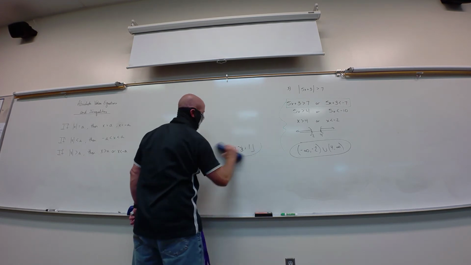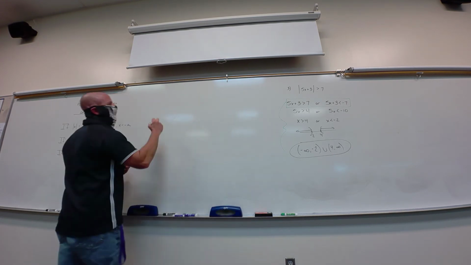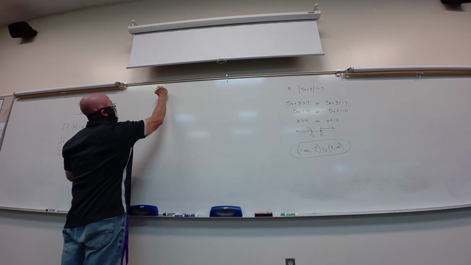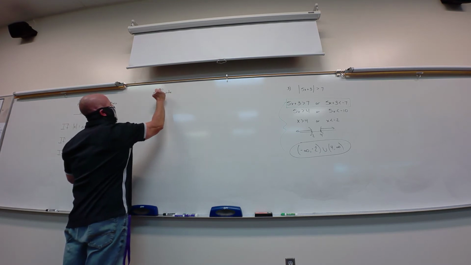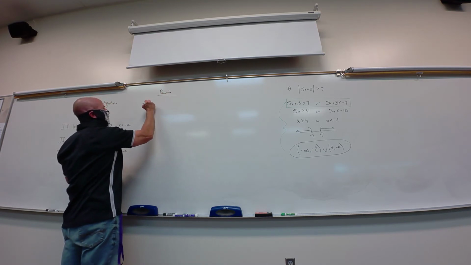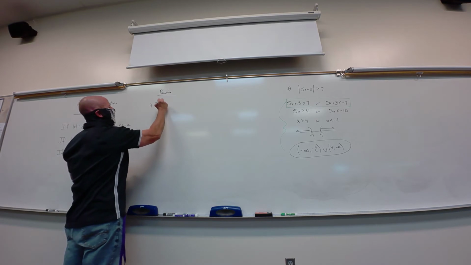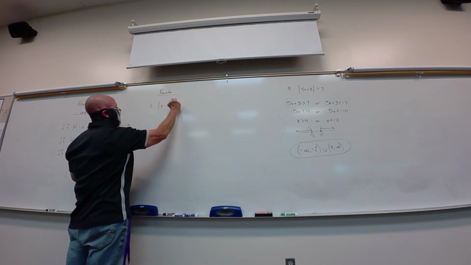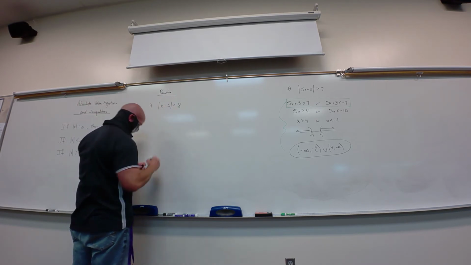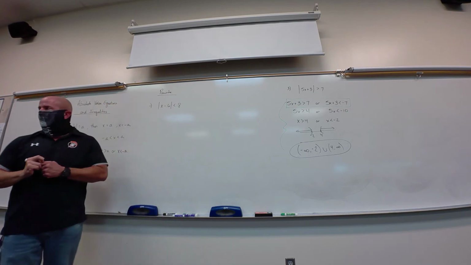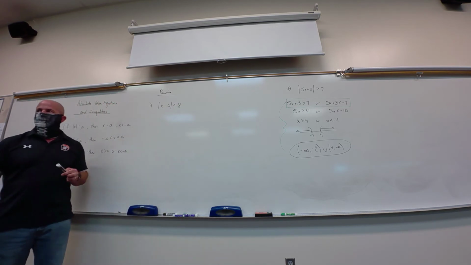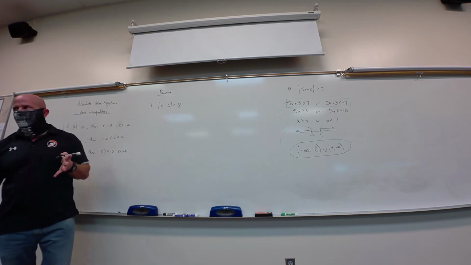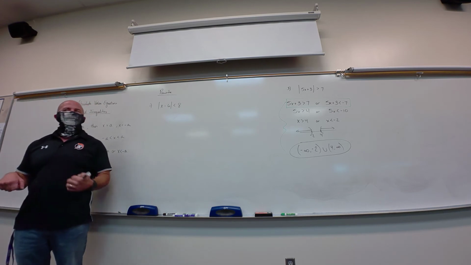All right, let's say rewrite. We're not going to solve. We're just going to rewrite them. Let's say absolute value of x minus 6 is less than 8. Okay, so let's think here. Would this be two equations bounded between two values or an or statement?